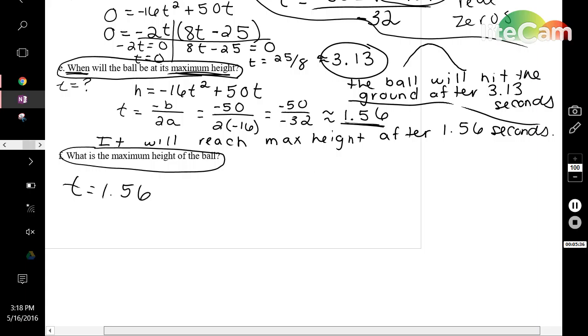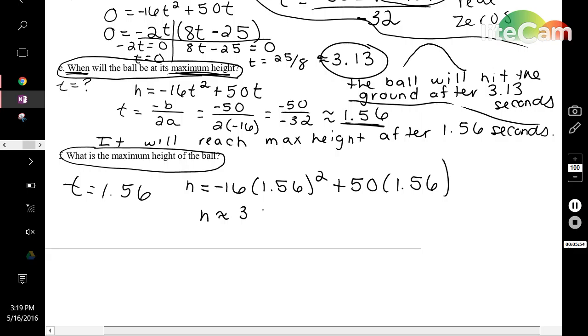We're going to plug that in to find h. So negative 16 times 1.56 squared plus 50 times 1.56. When I plug that in, I got my h to be approximately 39.06 feet.